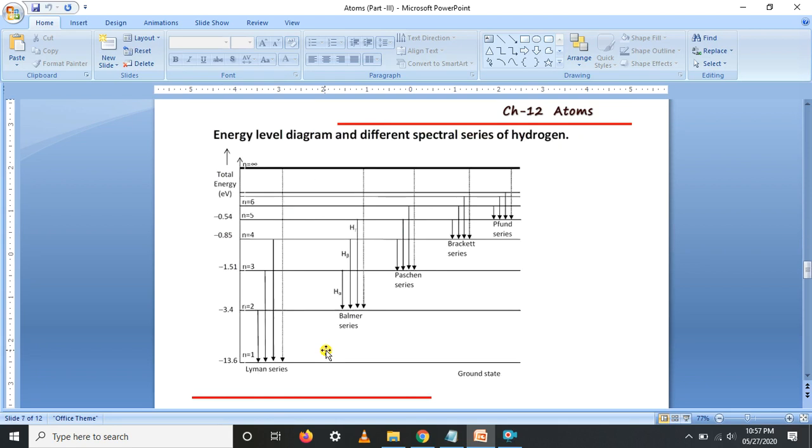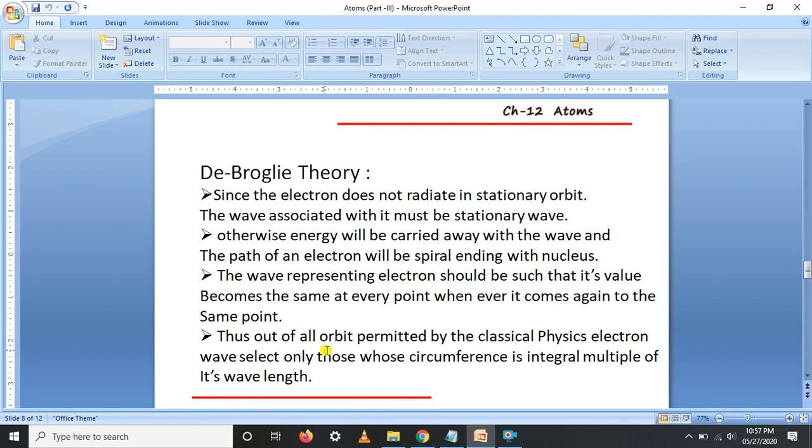After that, we'll see the de Broglie theory. In this theory, since the electron does not radiate in a stationary orbit, the wave associated with it must be a stationary wave. According to Bohr, the nucleus is present in the center, and after that there are some circular orbits.